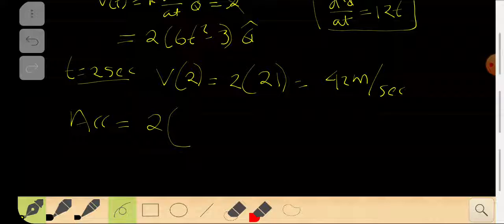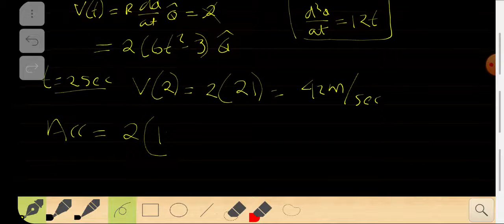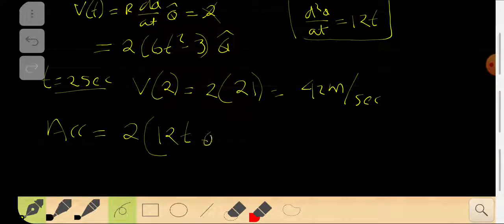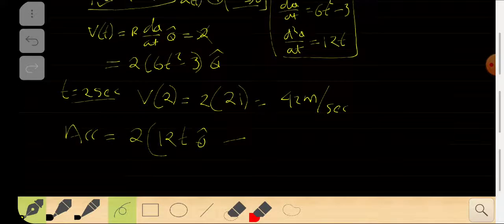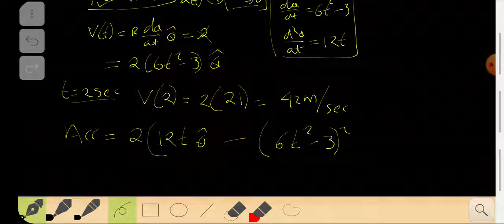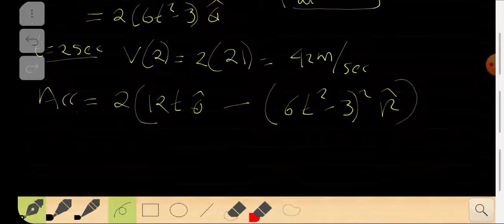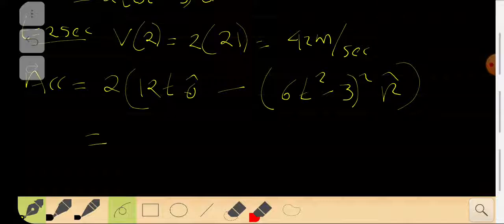The acceleration has the equation r times d square theta by dt square, and d square theta by dt square is just 12t, so it's 12t in the theta cap direction, minus d theta by dt the whole squared, where d theta by dt is 6t squared minus 3, in the r cap direction. So that's the acceleration. Now I can substitute t equal to 2 seconds.